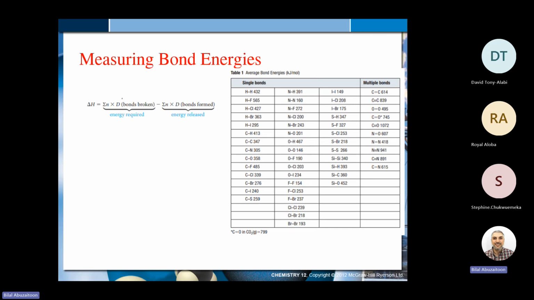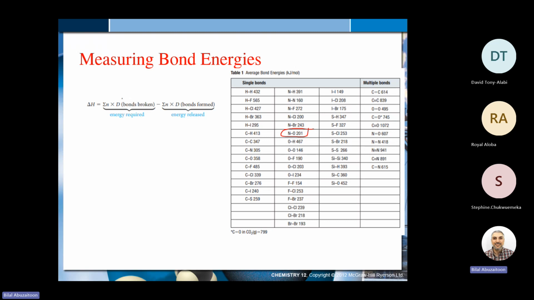Back to the point. Now, this table shows average bond energies, kilojoule per mole. Any value, take for example this. In single bond O, 201 kilojoule per mole.